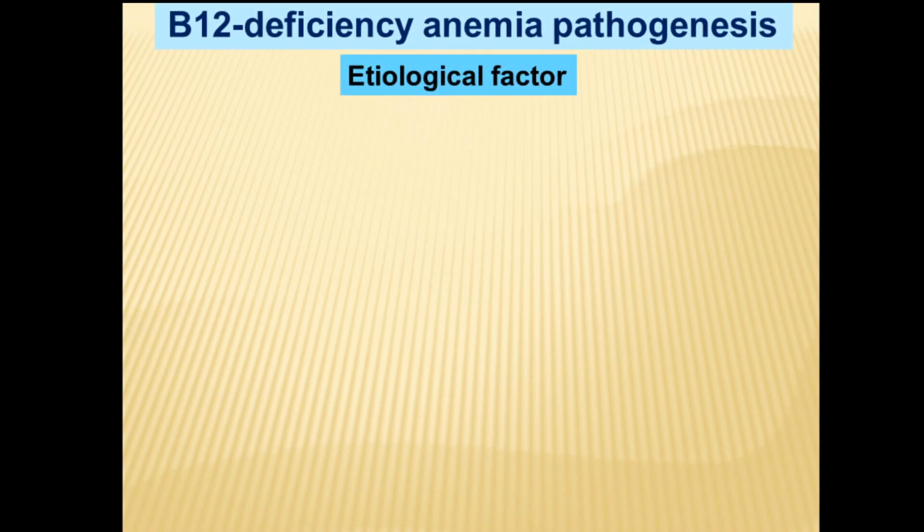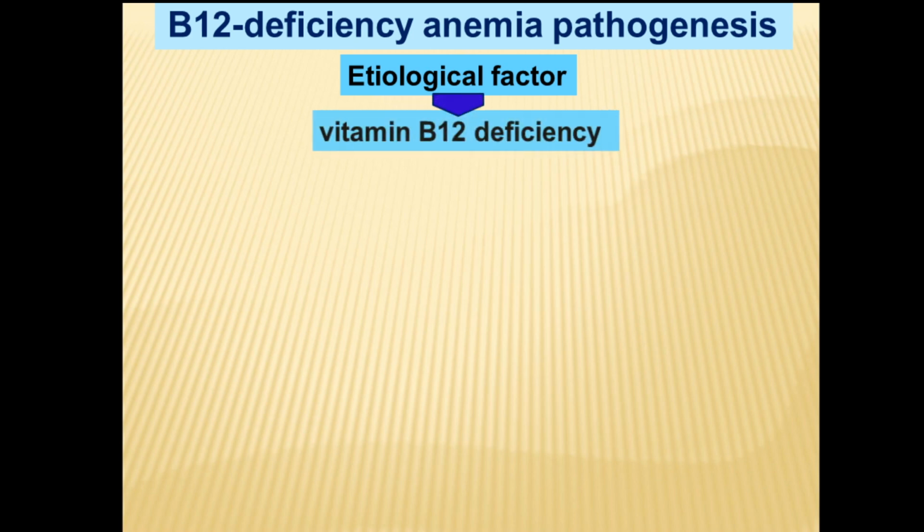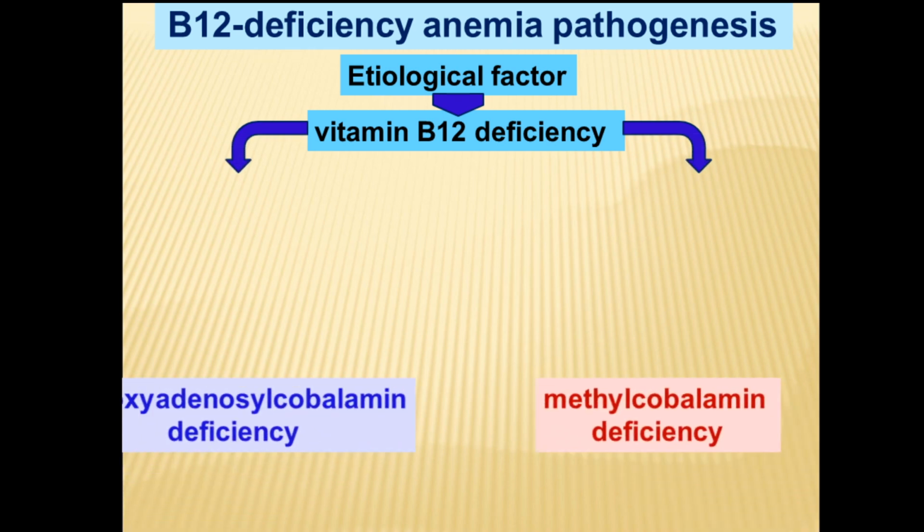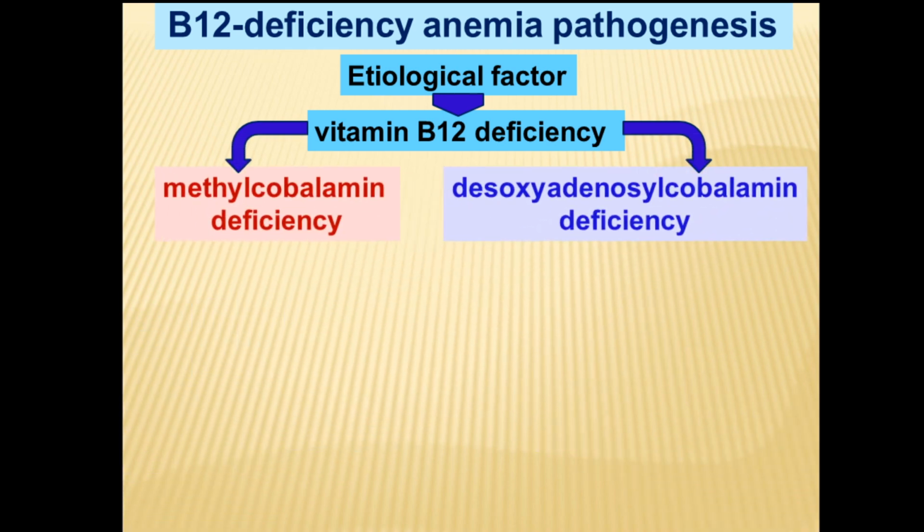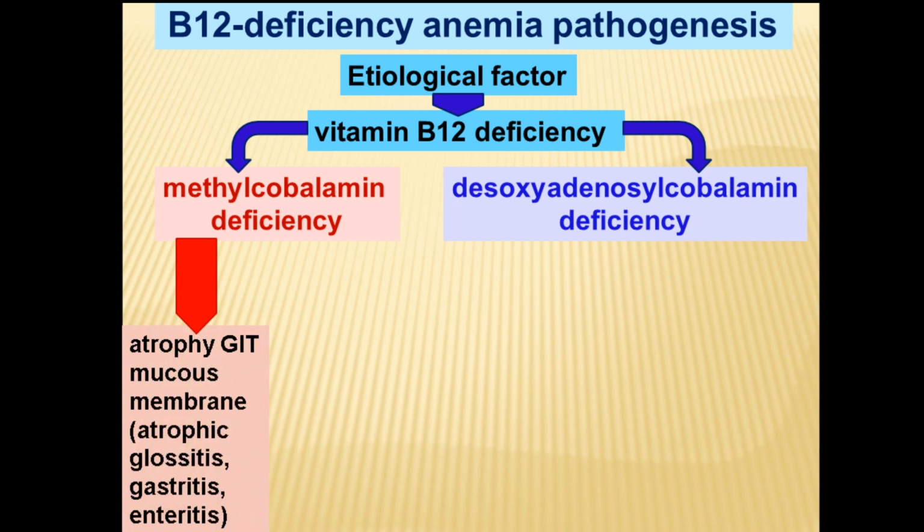Pathogenesis of B12 deficiency anemia. Due to the activation of provoking etiological factors and formation of vitamin B12 deficiency, our organism feels deficiency of methylcobalamin and deoxyadenosylcobalamin. Deficiency of methylcobalamin is manifested with atrophy of the gastrointestinal mucosa, which progressively decreases absorption of vitamin B12, and is manifested with atrophic glossitis, gastritis, and enteritis.